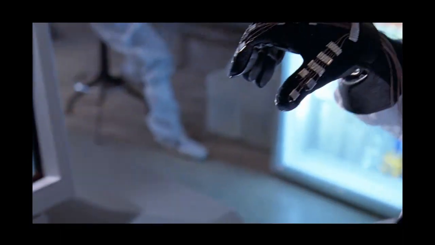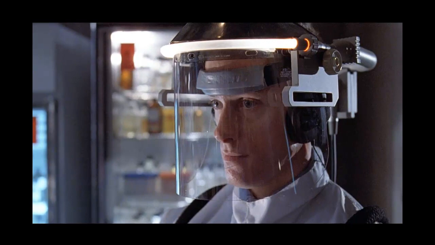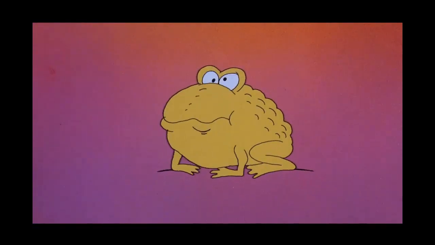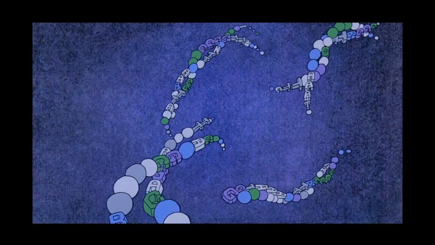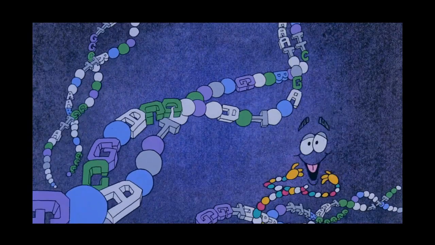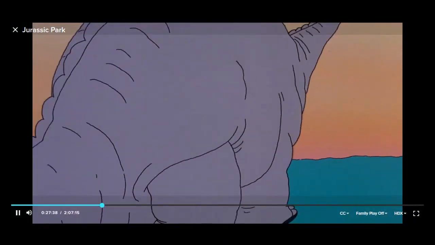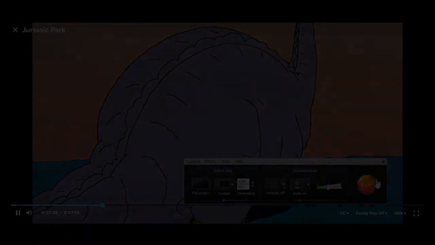And virtual reality displays show our geneticists the gaps in the DNA sequence. We use the complete DNA of a frog to fill in the holes and complete the code. And now we can make a baby dinosaur. This scar is only temporary.